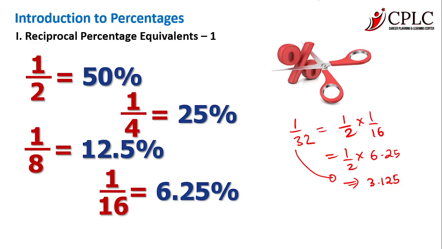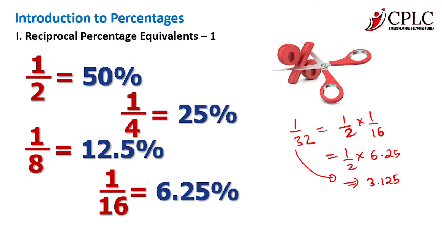Similarly, we have multiple such groups, and we need to remember these numbers and their answers. So rather than simply mugging up these answers, we are trying to look at it in a way that makes it easier for you to understand and then remember effectively, rather than simply learning them by heart.